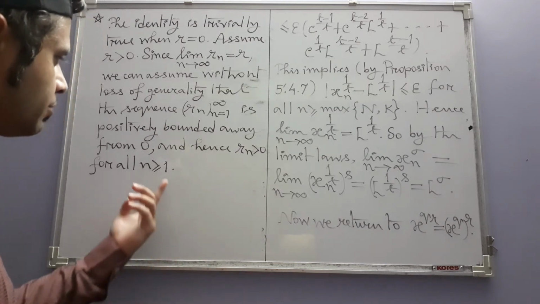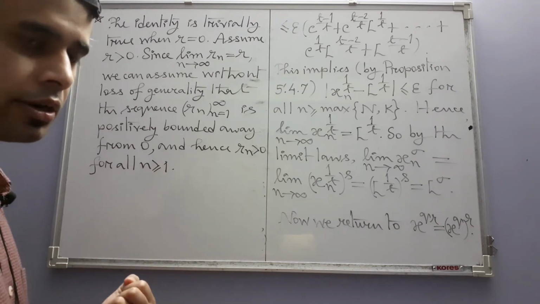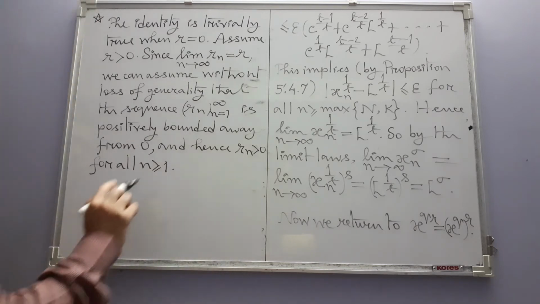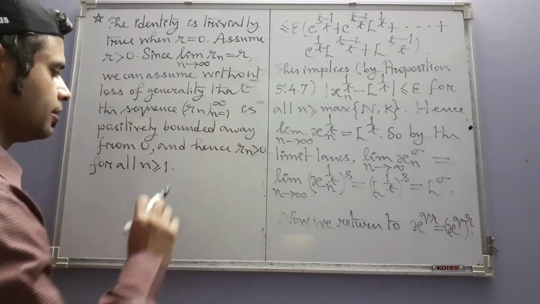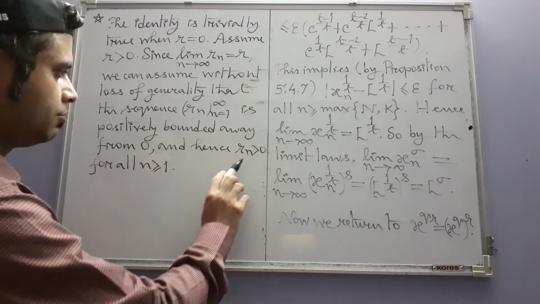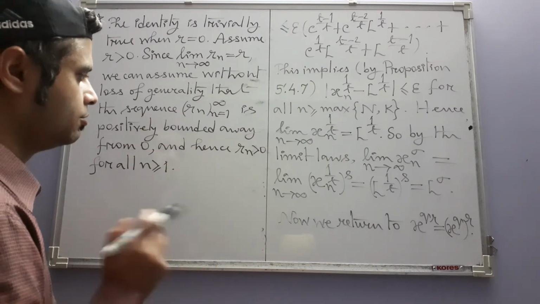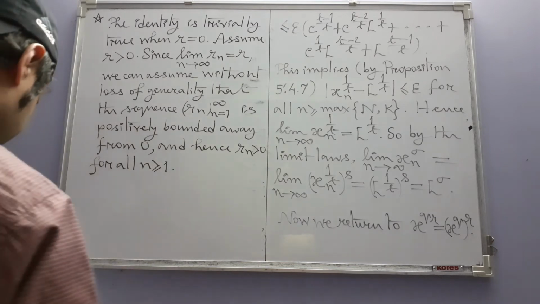And a consequence of that is that all the terms of the sequence are themselves positive rational numbers. So in place of that arbitrary Rn, we can choose, if we want, such a sequence Rn which is positively bounded away, and we don't lose any generality in doing that. That's what we have here.